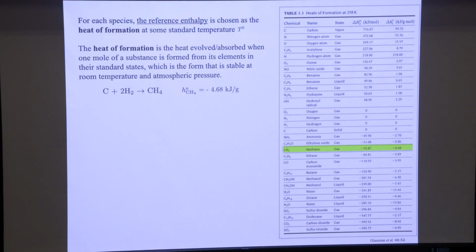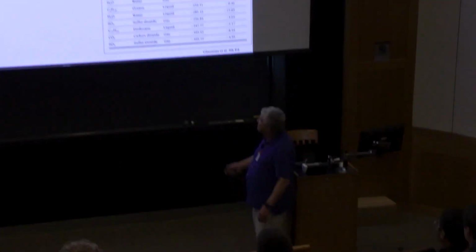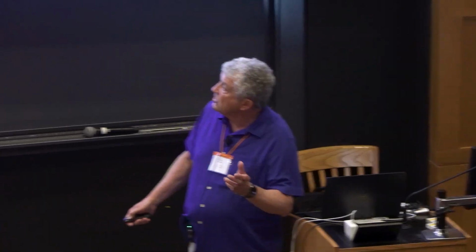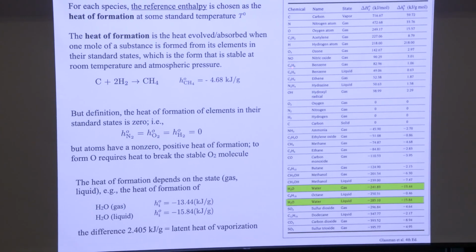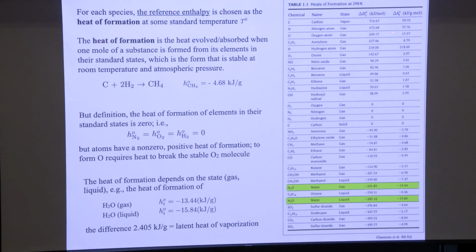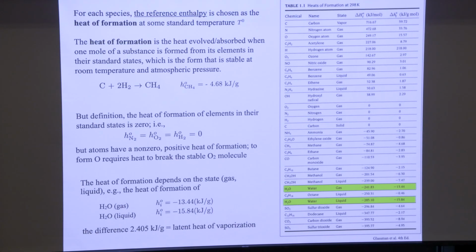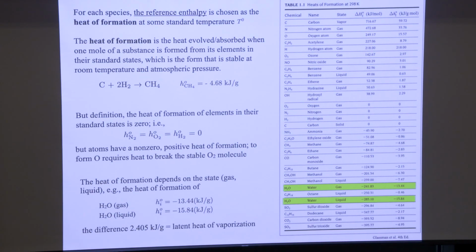Things like H2, O2, N2 must have heat of formation of 0 because they are in their most stable state. But be careful, the O atom is not 0, because you need to break O2 to form 2O, and so clearly it's not 0.